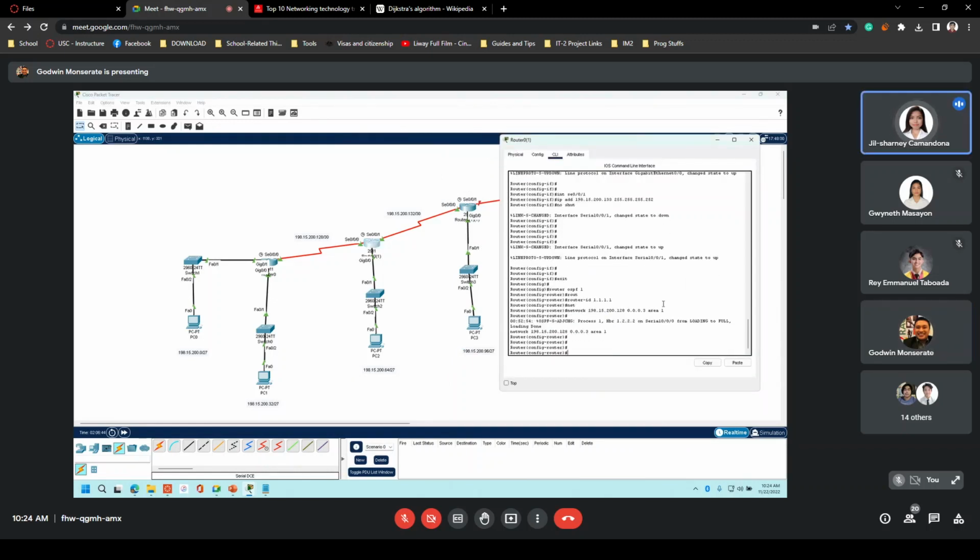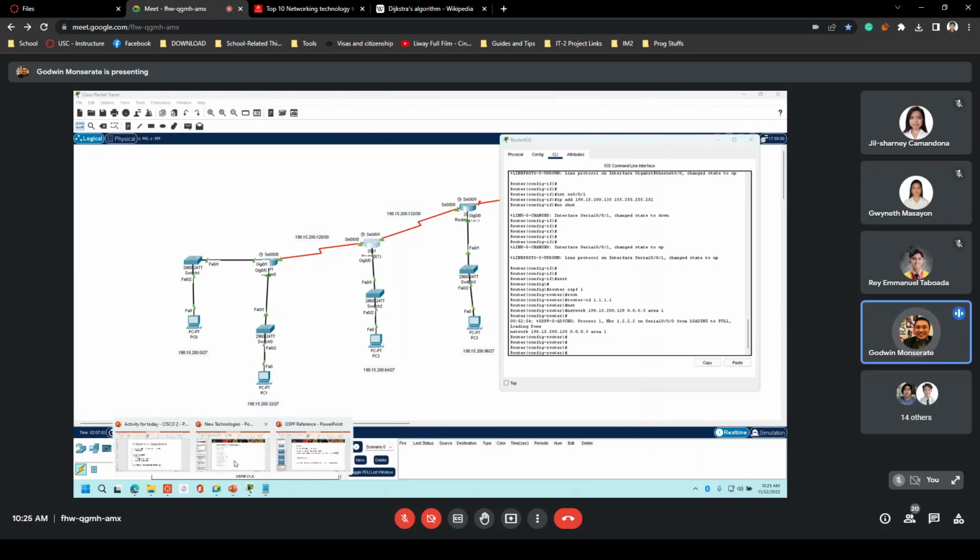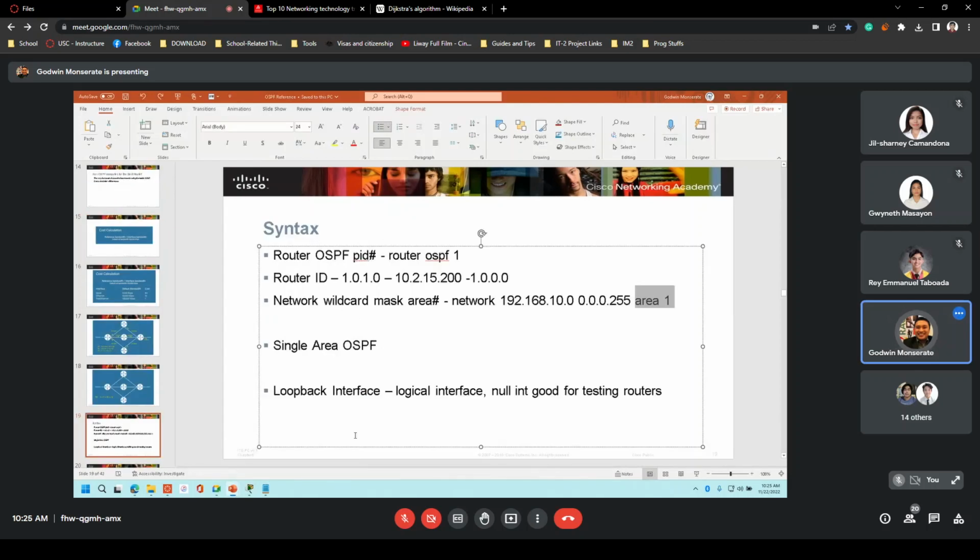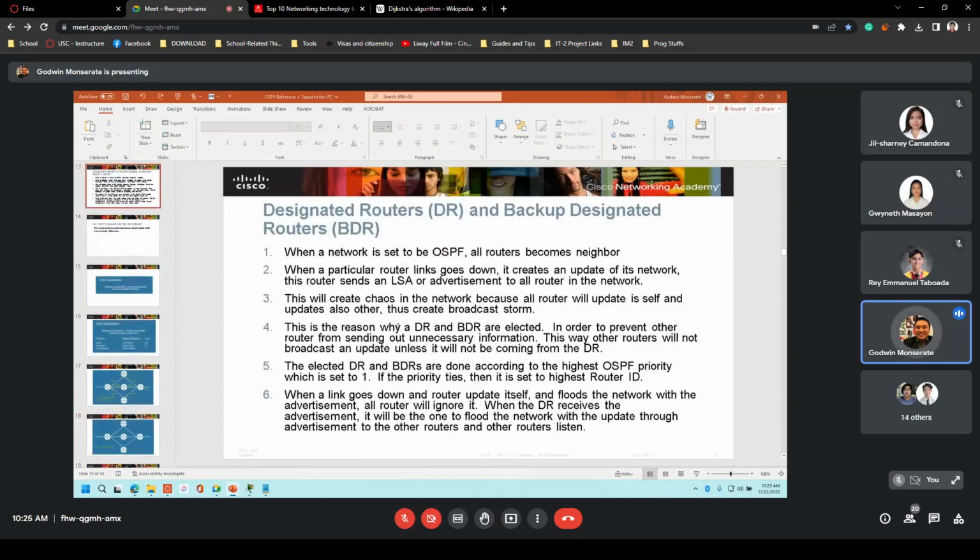Napag ko another question, sir. Kanang, asa gani na nimo nakuha ng 1.2.2.2? Basically, you can do anything. Maski unsa nga number diya. Ang purpose ana, di ba? If the router fails to identify the highest priority we set to 1.